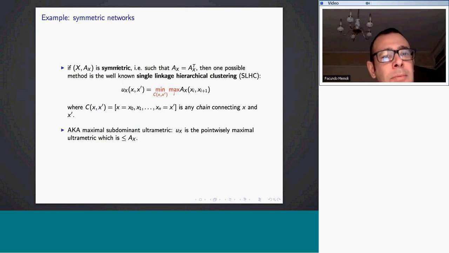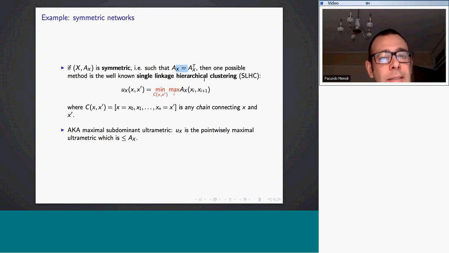Let's look at symmetric networks. A network is symmetric if the dissimilarity function A sub X satisfies symmetry. Think of A sub X as a matrix: you require that the matrix be symmetric. There is a very well known hierarchical clustering method that applies to symmetric networks, called single linkage hierarchical clustering.